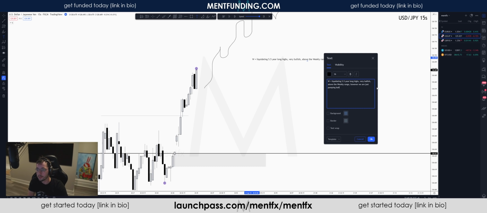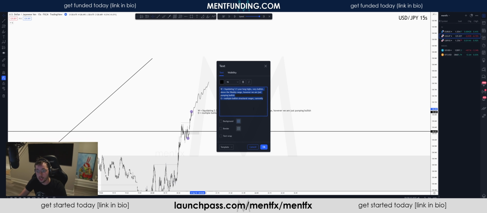Bullish. I'm also aware on the daily that we've created multiple bullish structural ranges. Remember the high I drew out right here? That's the daily high. So we are currently working on potentially running the next daily high as part of the continuation bullish liquidity.